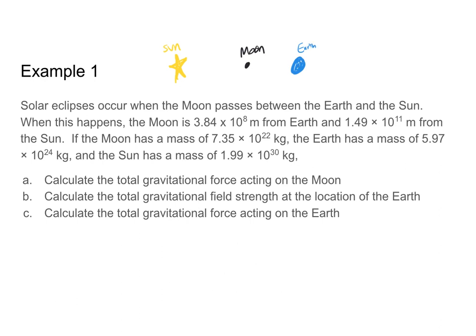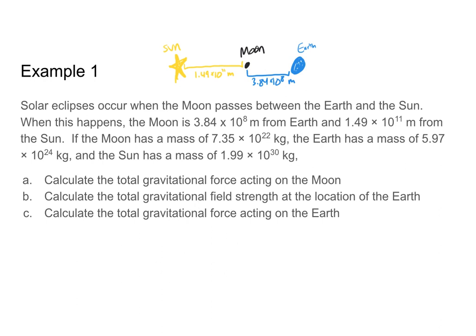When a solar eclipse happens, the moon is 3.84 times 10 to the 8th meters from the Earth. So this distance here is 3.84 times 10 to the 8th meters. And the moon is 1.49 times 10 to the 11th meters from the sun. So that means this distance here is 1.49 times 10 to the 11th meters from the sun.